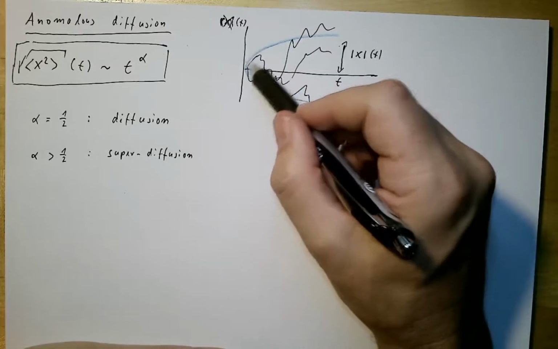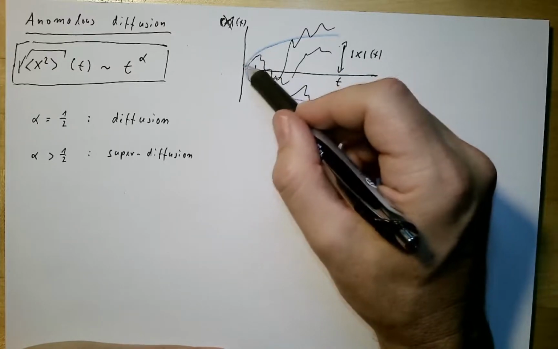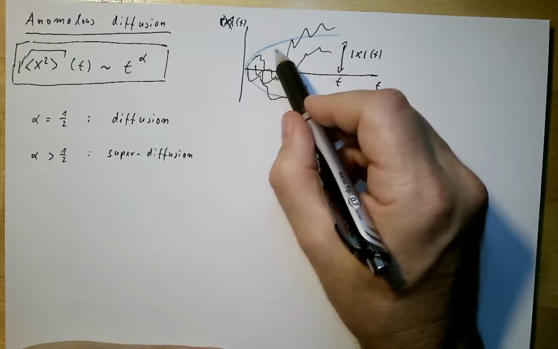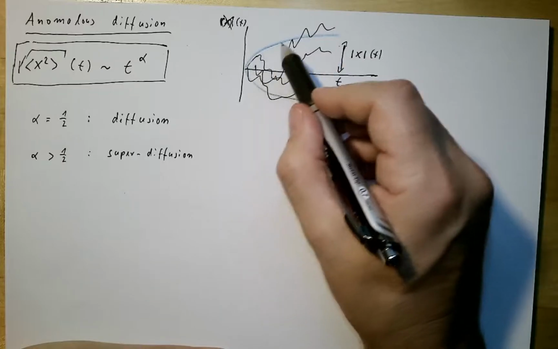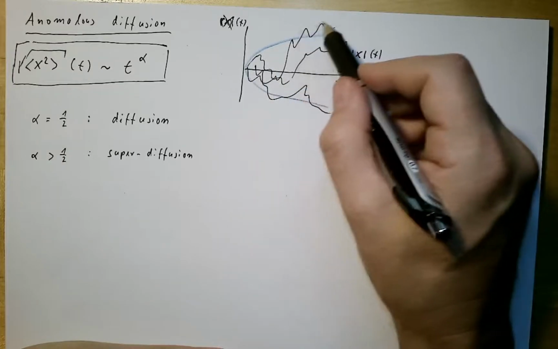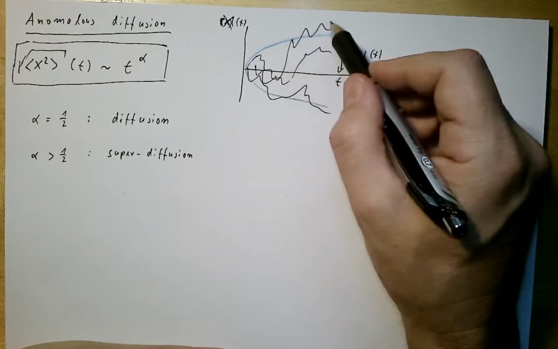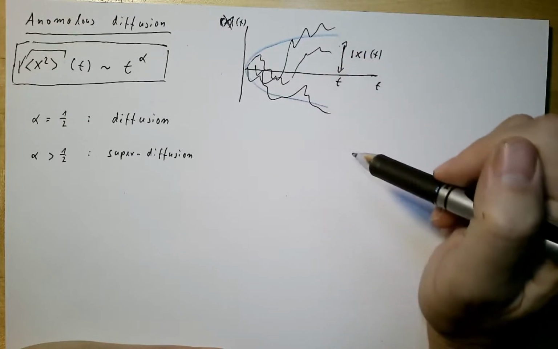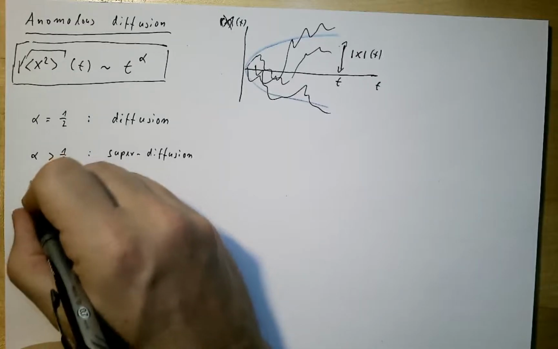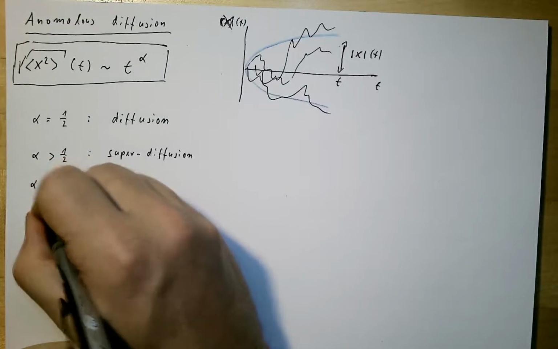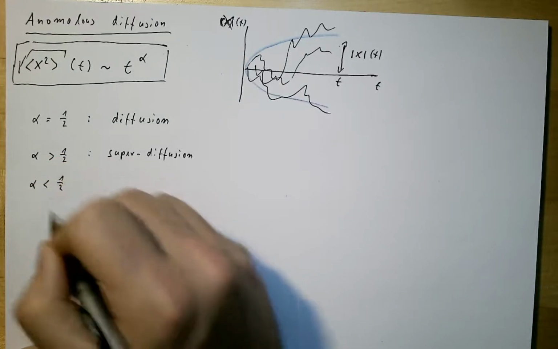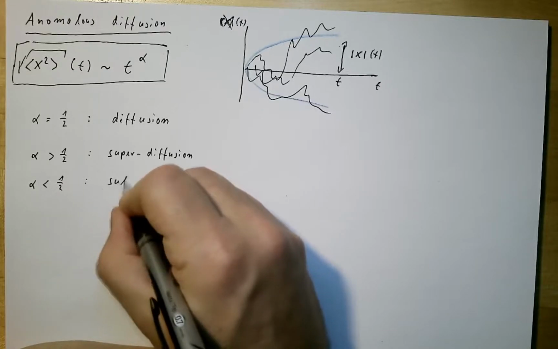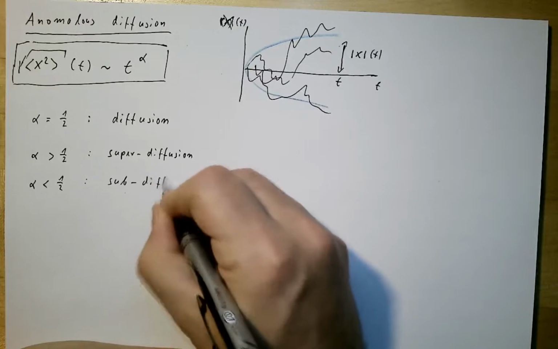And how can this possibly be? When we have long-range correlation, we have a larger chance of increments in the same direction, and then the position of the walker can increase further because we have less chance to revert the previous increment. But there is also the case that alpha is smaller than 1 over 2, and this is called sub-diffusion.